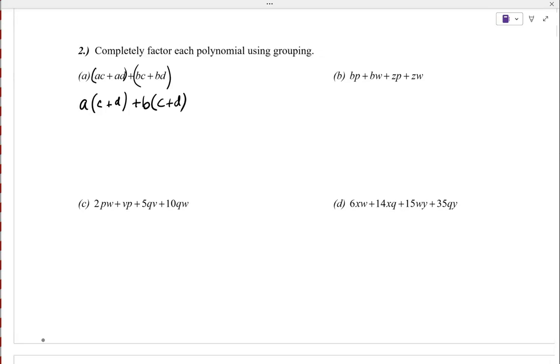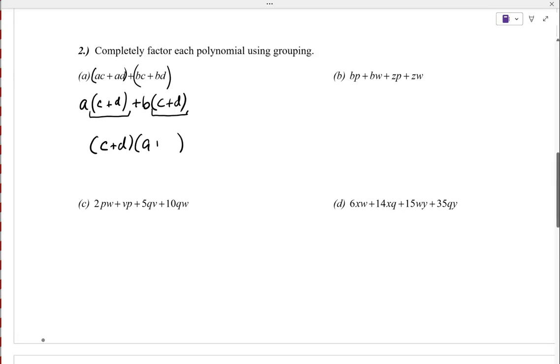So now, looking at this as a whole piece, that's in common in both of those 2 pieces, right? So we pull out the whole C plus D. If we remove the C plus D, what's left in the first term?